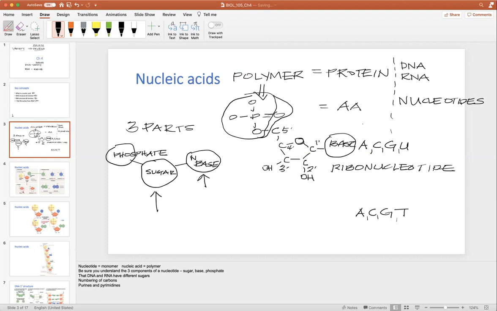Okay, now let's draw a deoxyribonucleotide. I'm going to abbreviate nuke. Okay, so I'm going to draw you a deoxyribonucleotide. It's going to have deoxyribose as its sugar as opposed to ribose. So let's start out again with the sugar molecule.